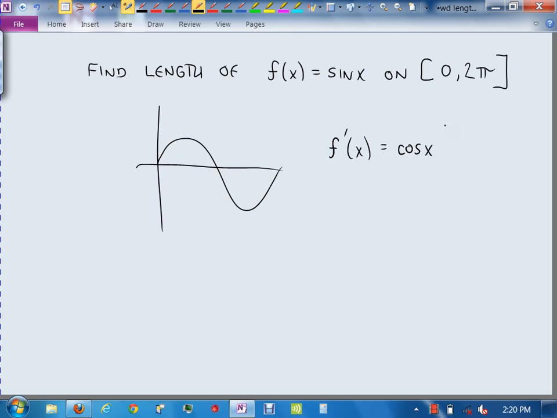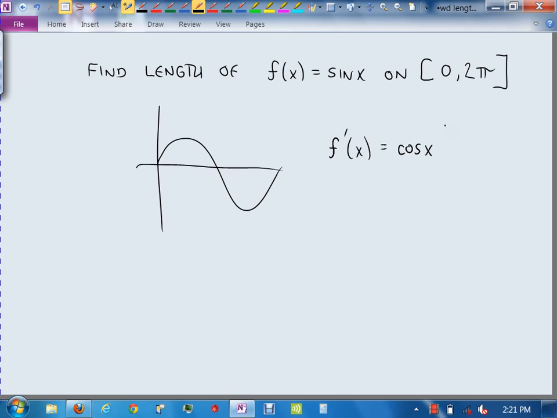Back when we were first learning derivatives, what's the derivative of sine x? We said cosine x. The reason we needed it in our integrals, when we were doing techniques, is that every time you'd make a substitution, then that d-whatever could be something other than 1.